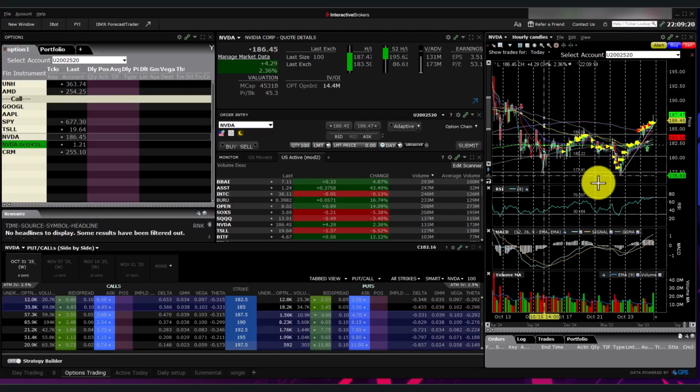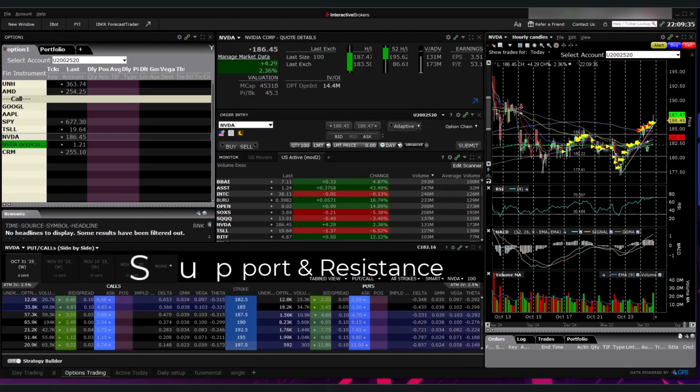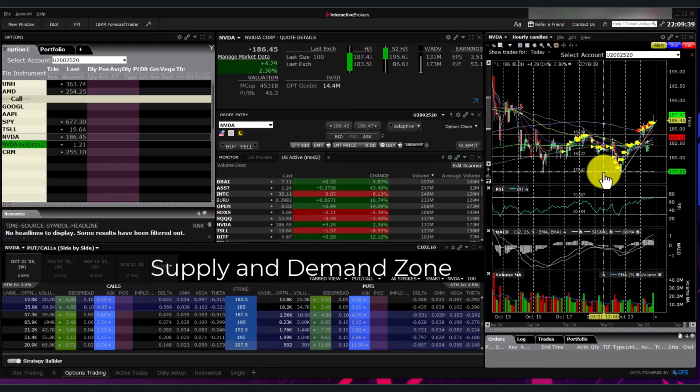You can call it whatever you want. The interest zone, the value zone. You can call it support and resistance. You can call it supply and demand. It's just whatever you want to name it.